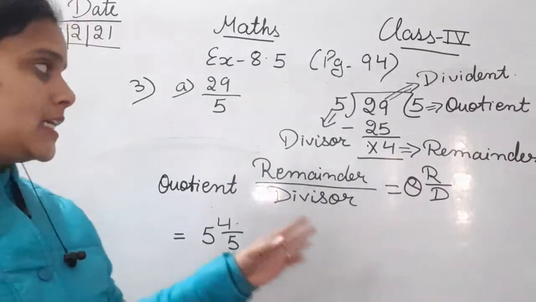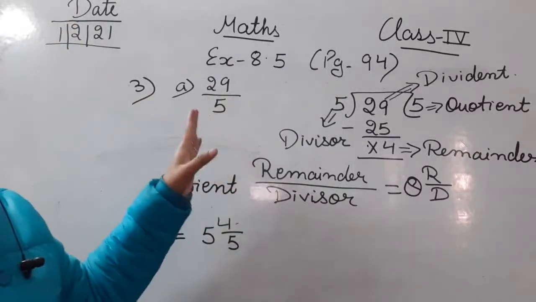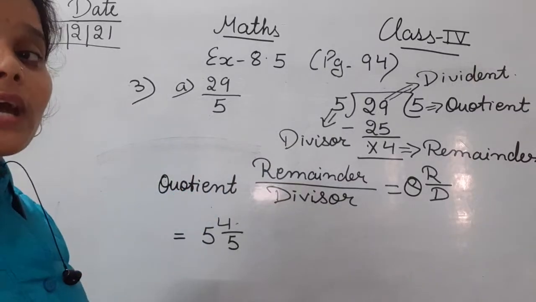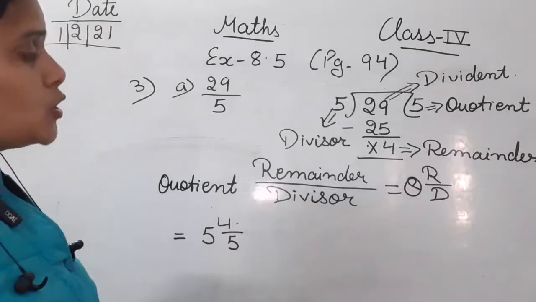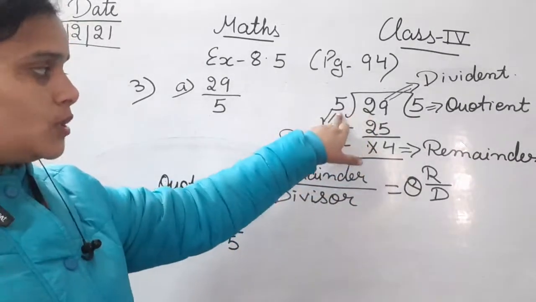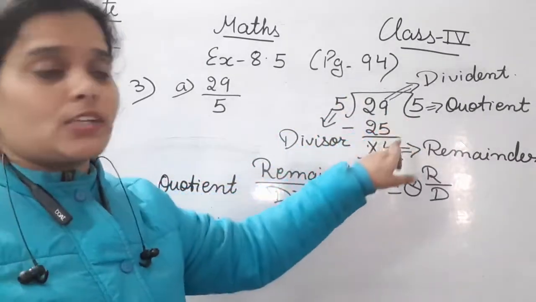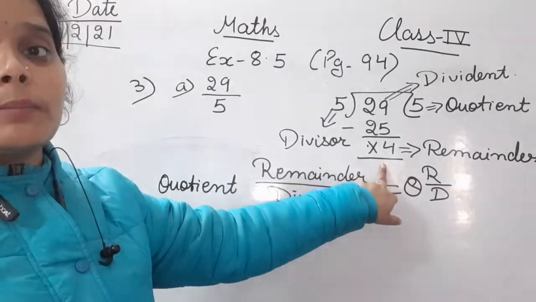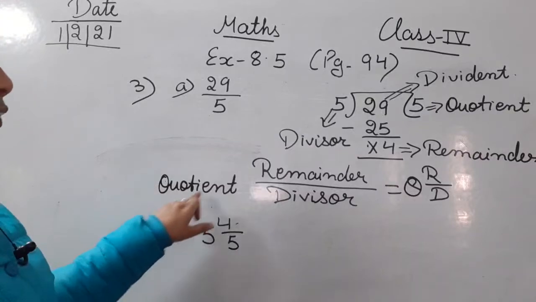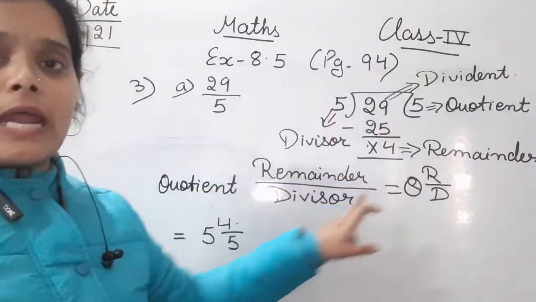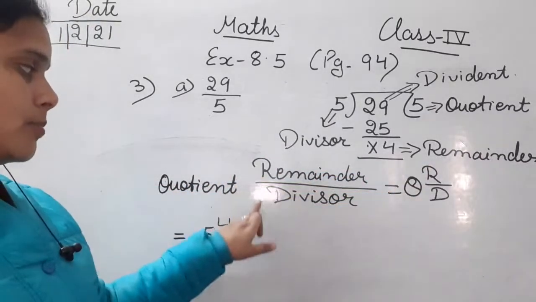But the simplest thing is that for converting a given fraction into a mixed fraction, you have to divide the numerator with its denominator. As I have divided, I got quotient and remainder. And for writing the given fraction into a mixed fraction, we will write it as QRD, that is quotient into remainder upon divisor.